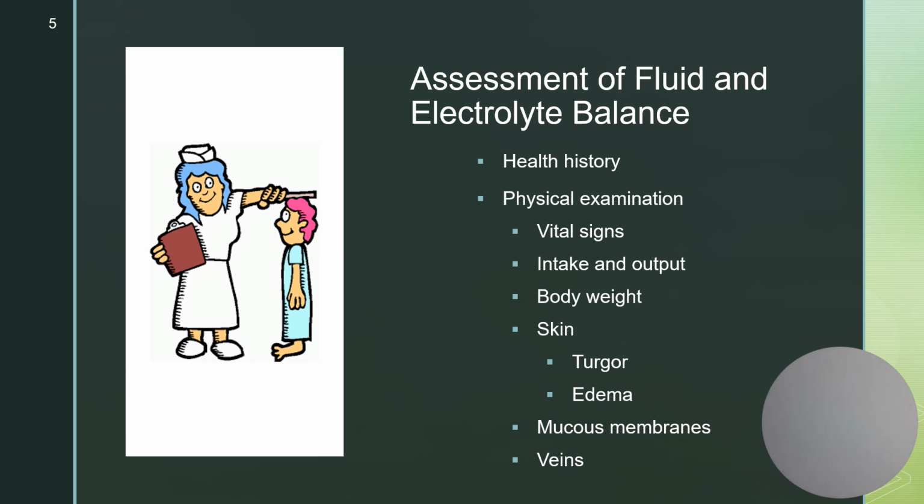When we look at vital signs, fluid volume excess can be exhibited with dyspnea, tachypnea, that bounding pulse, and elevated blood pressure. Whereas fluid volume deficit, or a decrease in our fluid, can be exhibited through tachycardia, tachypnea, and hypotension.